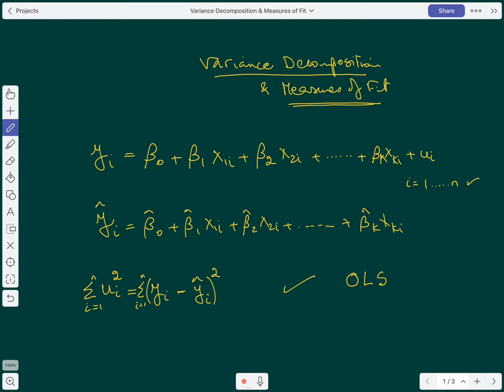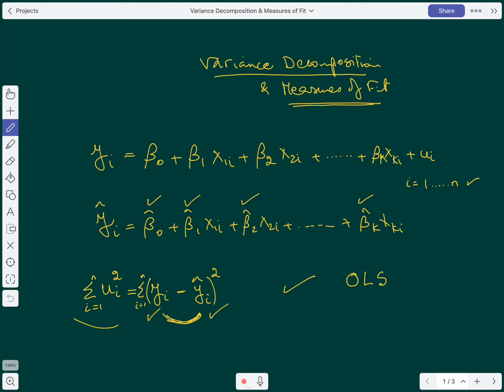The objective of ordinary least squares is to estimate the coefficients of the regression such that we minimize the deviation between the estimated value of y and the actual value of y.